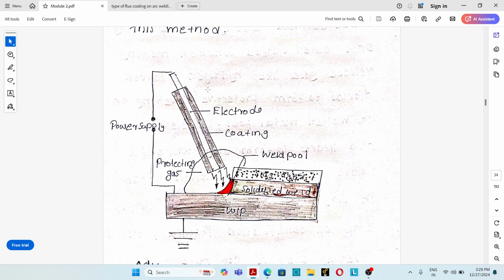The flux also produces slag, which is lighter than the molten material, floats over it and acts as a protective cover. Slag also acts as a cleaning agent which absorbs impurities from the molten material. After solidification, the slag can be chipped off. Almost 50% of industrial operations are carried out by the shielded metal arc welding process.